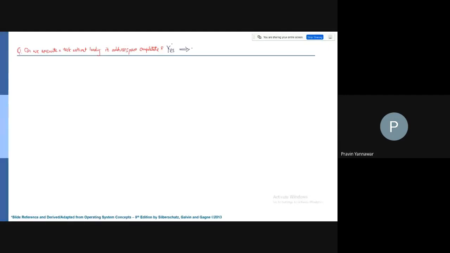So if the answer is yes, it means loading a page as per its demand. The word demand here means as per requirement.